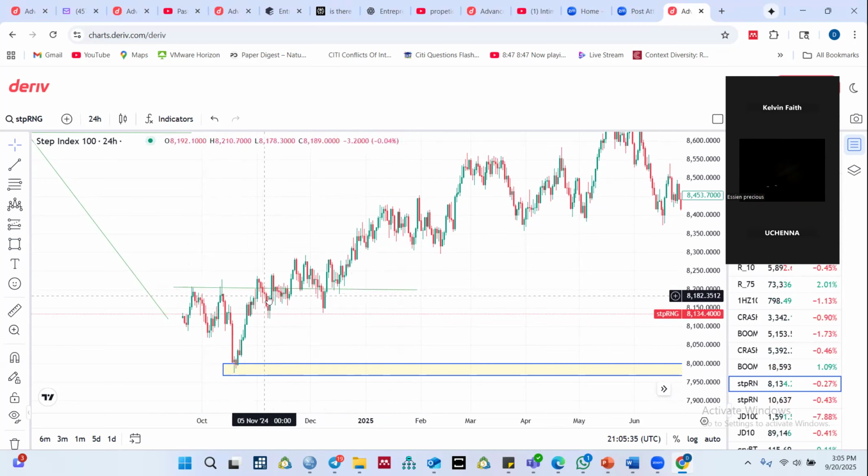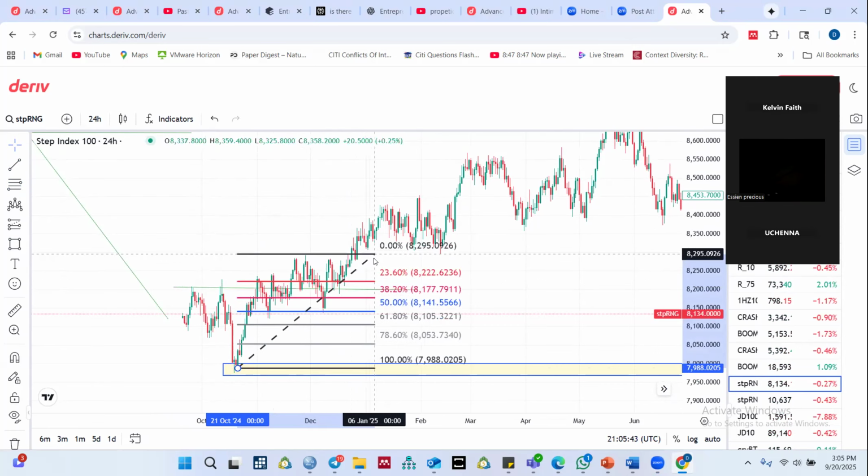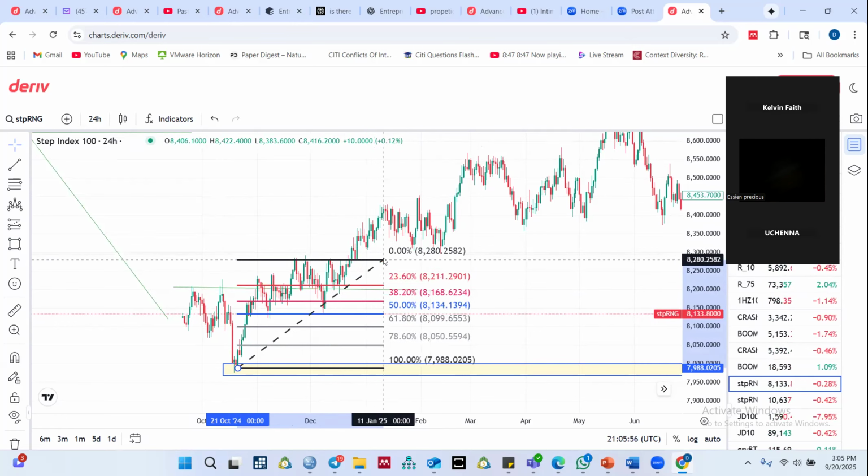So when price took them out, I think it got to this area because of the pullback. And we got a pullback. So what did it give us? It gave us the 50% equilibrium, 38.2%. That's what it gave us.